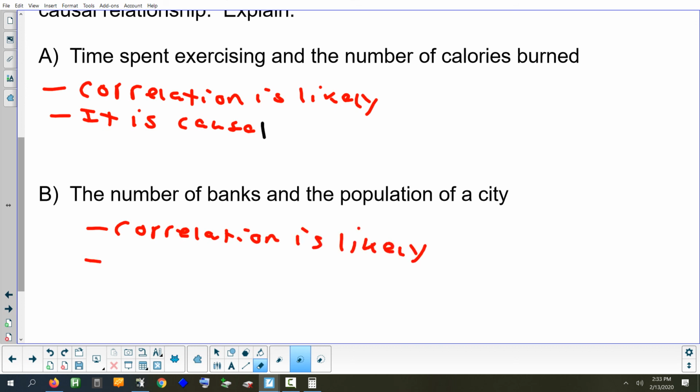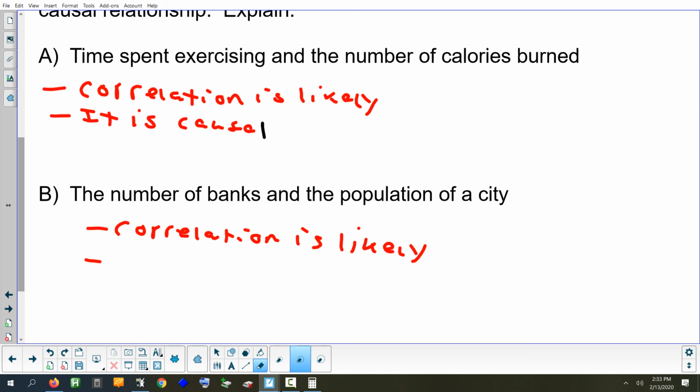Now, is it causal? If you change the number of banks in a city, like let's say you build 3 more banks, does the population of the city automatically just go up? No. If you tear a bank down, does the population of the city just go down? No. So that's not causal. Just because you change one, it doesn't necessarily change the other.